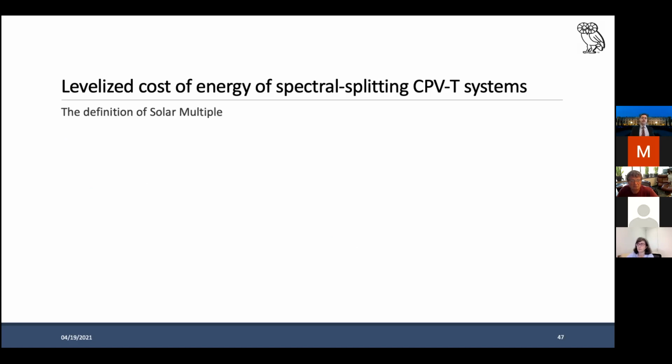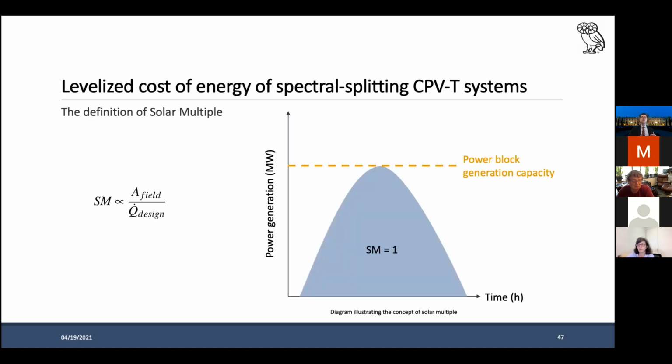We also investigated the effects of a parameter called solar multiple on the LCOE values. The solar multiple, or SM, is a parameter that relates the solar field area to the size of the power block. When the solar multiple is equal to 1, the solar field generates just enough thermal energy at peak solar radiation to operate the power block.